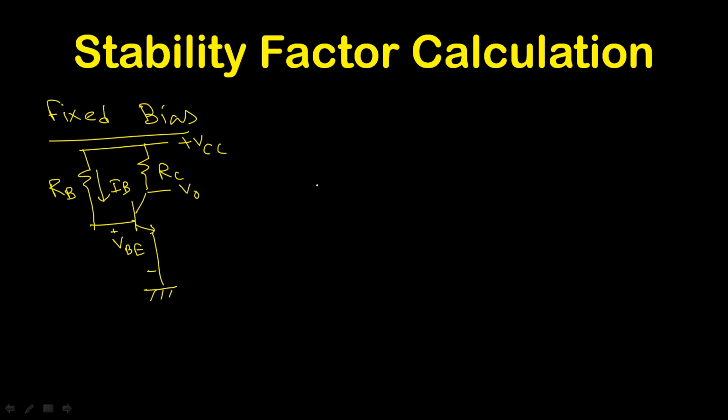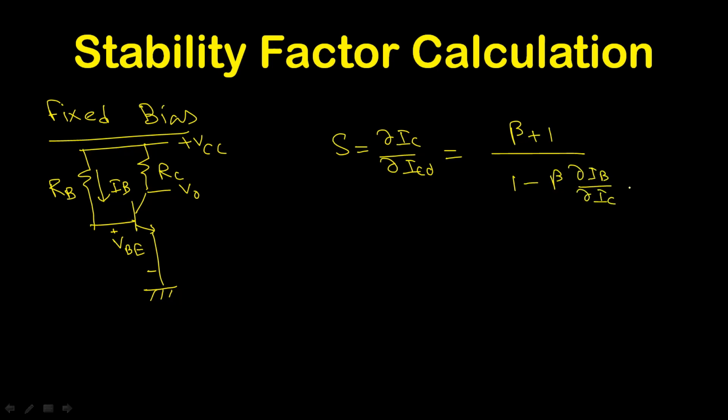If I want to derive that stability factor S for this circuit, the first thing we need to do is calculate the base current, because the expression for S, again I am writing, that is del IC by del ICO equals beta plus 1 divided by 1 minus beta del IB by del IC. So basically, we are going to find out the expression for IB.